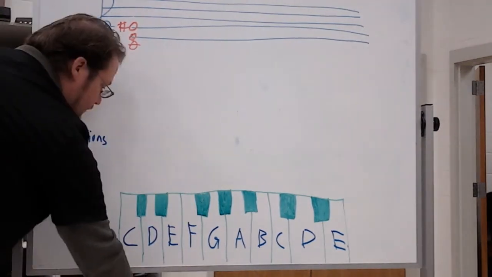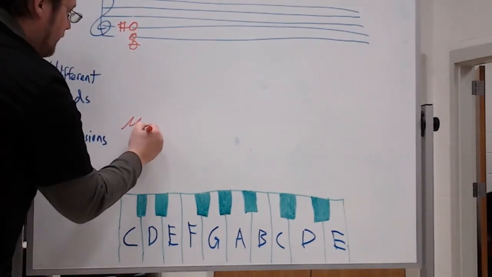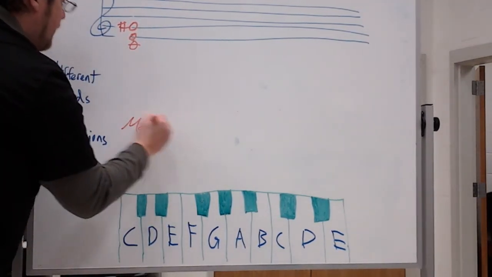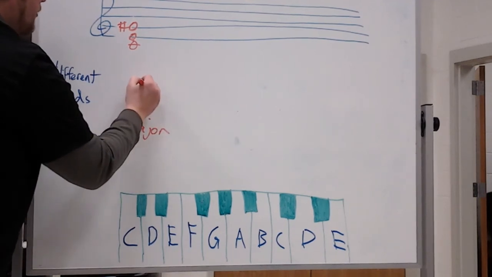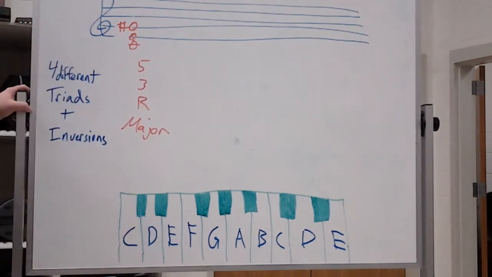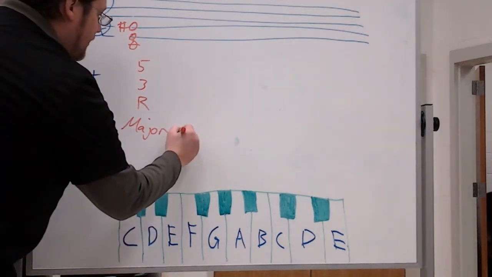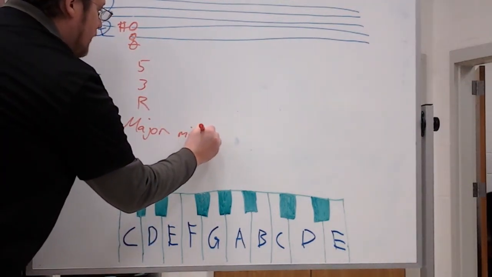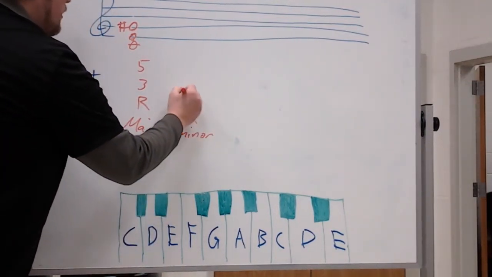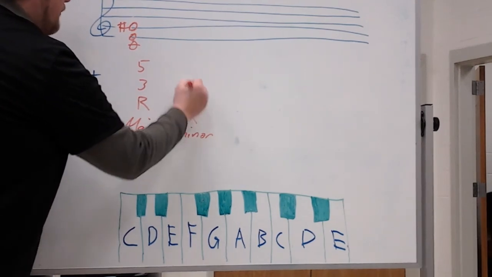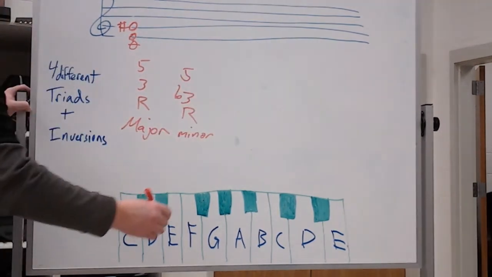Major, which is a root, a major third, and a fifth. Minor, which is a root, a minor third, so I'm going to call that a flat 3, and a fifth.